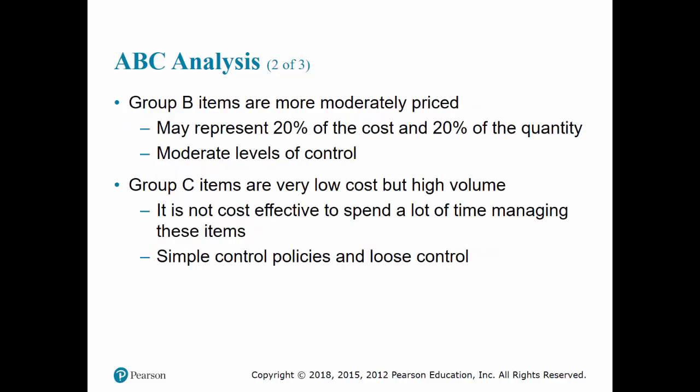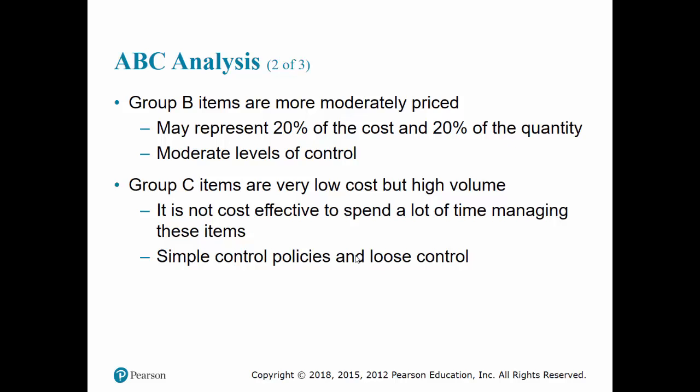Now on the other hand, group C items, so that's A, and the third group, group C, is low cost but high volume, in the sense there are lots and lots of items. Typically about 50% of the items will have about 5% of the dollar amount being spent. So it is not cost effective to spend too much time managing those items. Simple control procedures are sufficient.